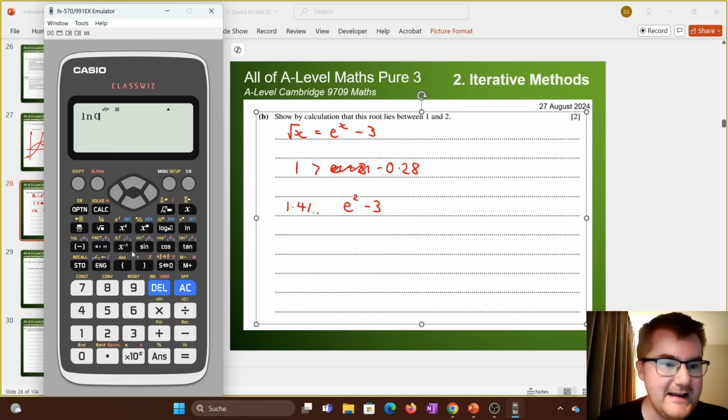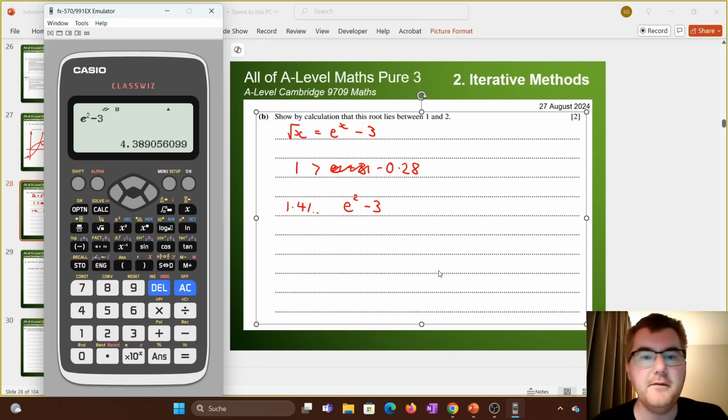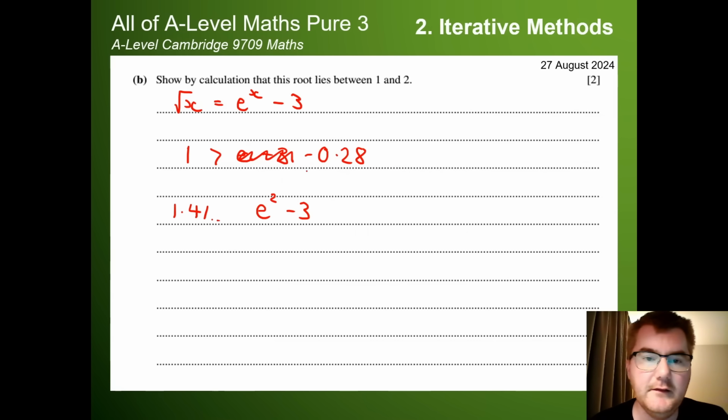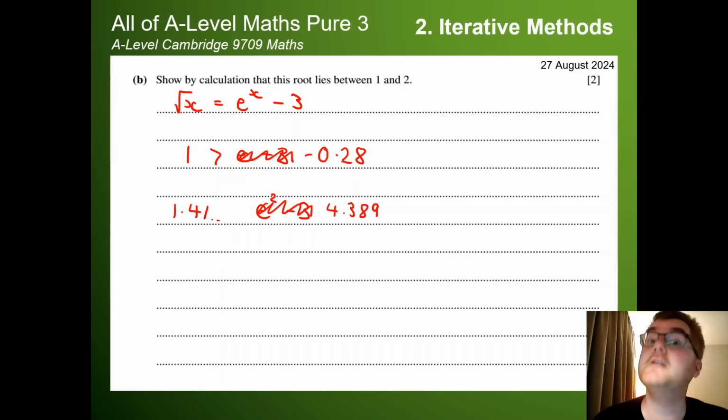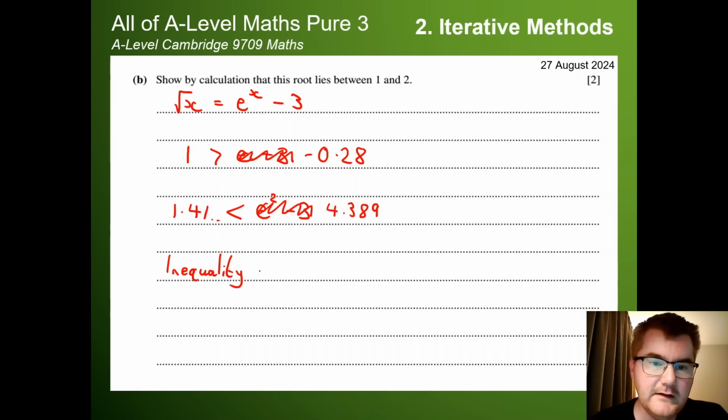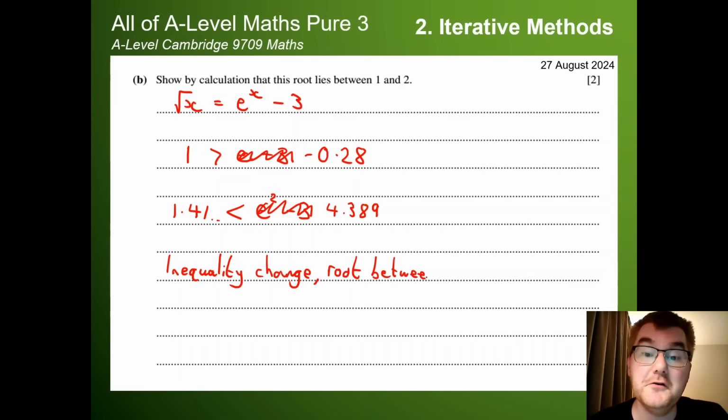So if we go e, not natural log, I'm sure we'll deal with natural logs later, e squared minus 3, and we get 4.389, which obviously is bigger than 1.41, so we have an inequality change. So therefore, root between 1 and 2, which of course we're going to work out a bit more thoroughly a bit later on.